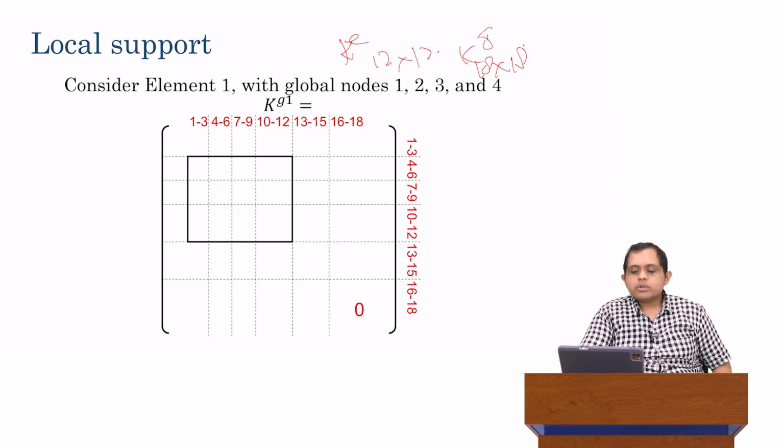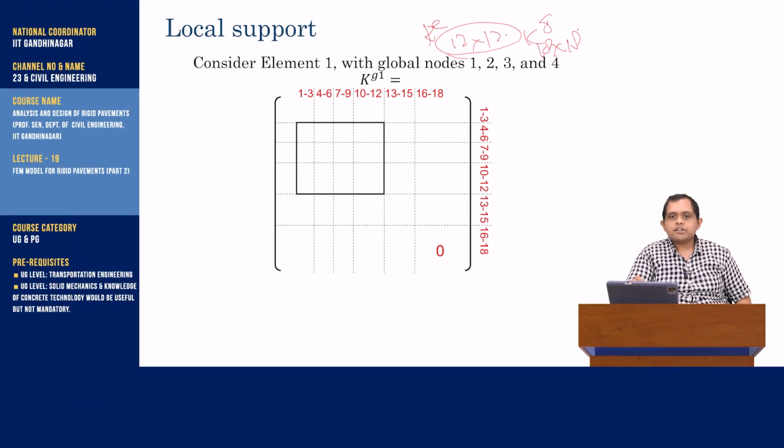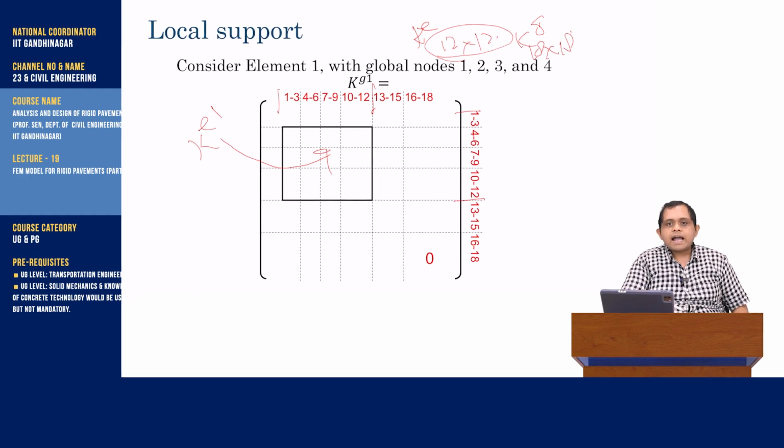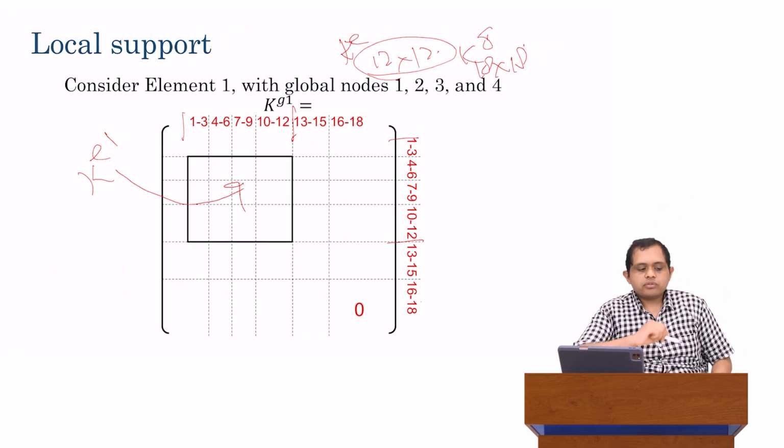Now, within this, we know that the first 12 degrees of freedom, degrees of freedom 1 through 12, both the columns and the rows, are connected to each other, which means that my KE for the first element, which I'll write as KE1, is actually contained inside this. And then we made the assumption of local support.